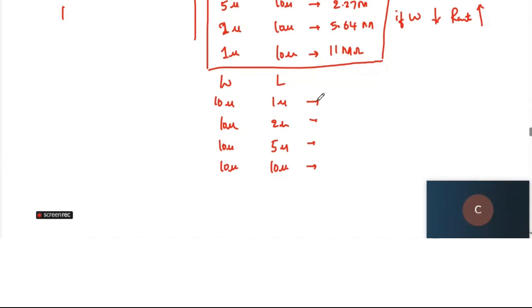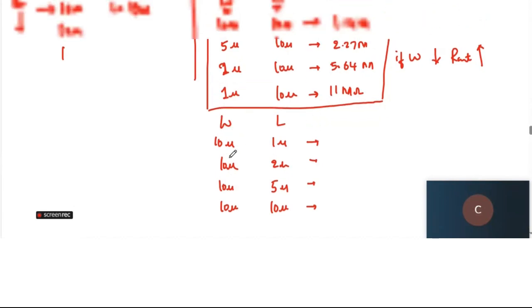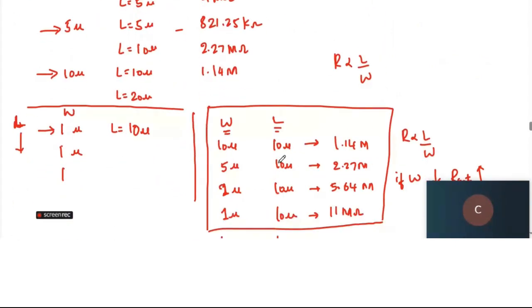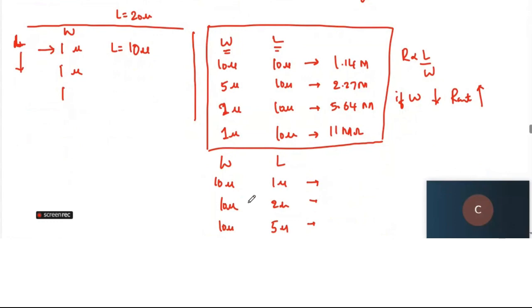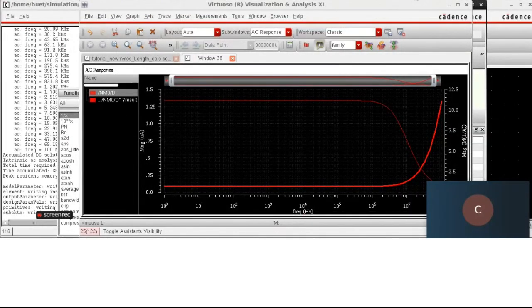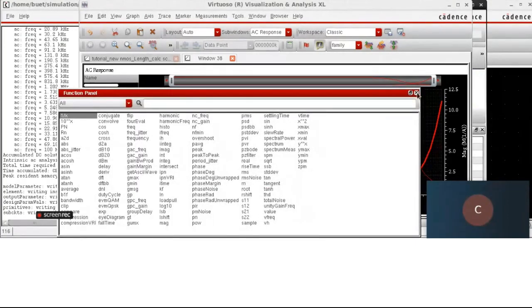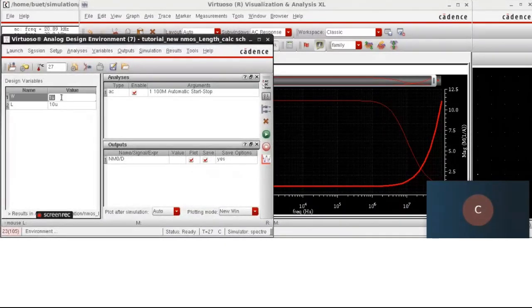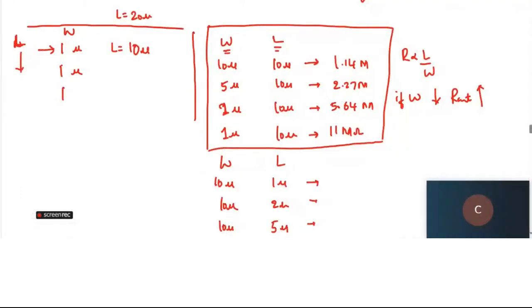So for W equal to 10, L equal to 1, I think we're done. W equal to 1, we have not done that. Let's do that. W equal to 10 micro and L equal to 1 micro. So my expression is here. W is 10, L is 1.